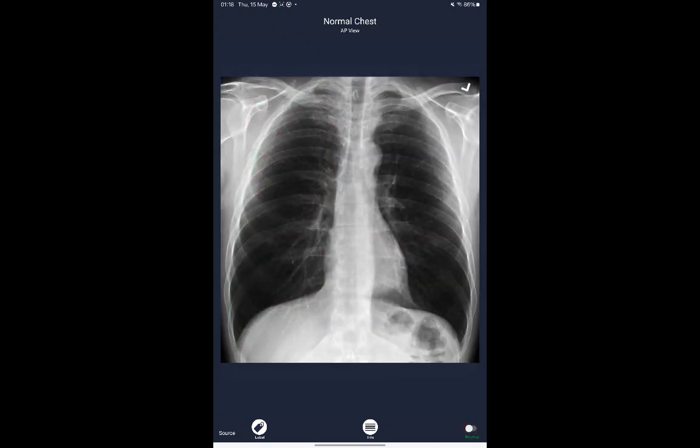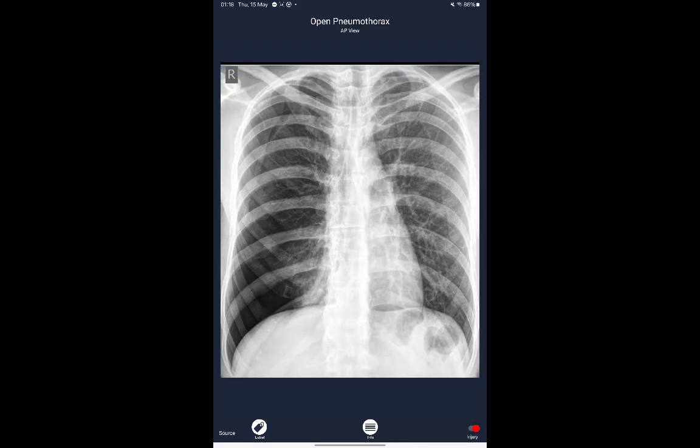So we have here the normal chest radiograph with equal aeration bilaterally. Here the normal side, and this is the left side. The better way to learn to notice the pathology is to compare both sides: see the right side first, the normal, then the left side.